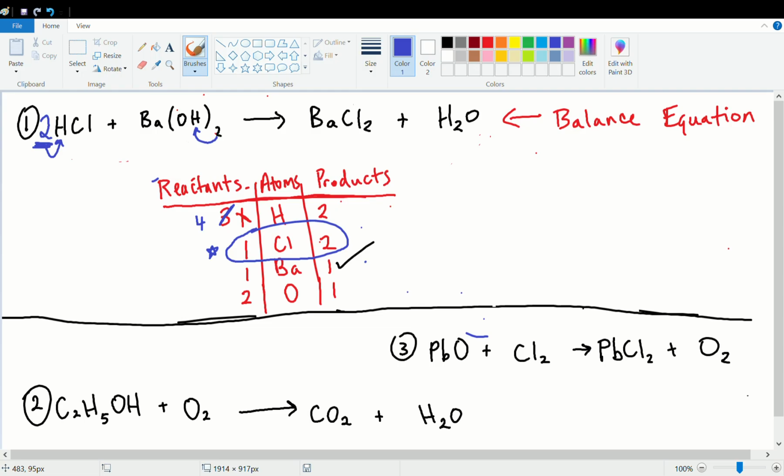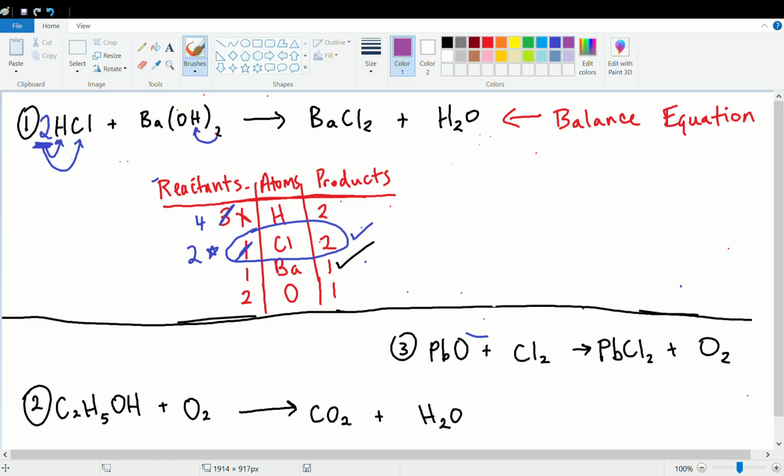It also affects my chlorines, and it makes my chlorines 2 in total, because this 2 goes also to the chlorine. And so now I see that I've fixed my chlorines. So now my bariums and my chlorines are perfectly fixed. So now, again, I'm not going to fix the hydrogens because that's the most complicated thing, and I want to do the most complicated thing last.